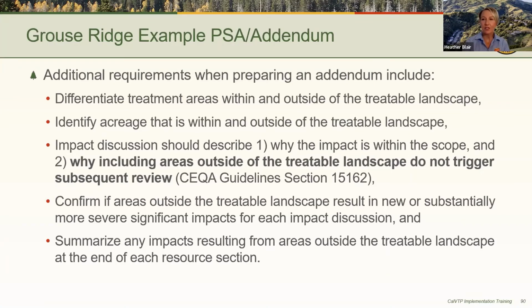The impact discussion should describe how the impact was covered under the program EIR, and importantly, why the areas outside of the treatable landscape do not trigger CEQA requirements for subsequent review under CEQA guideline section 15162. So essentially all this is to document that the treatment areas outside of the treatable landscape, like the areas within the treatable landscape, do not result in any new or substantially more severe significant impacts. Next slide, please.